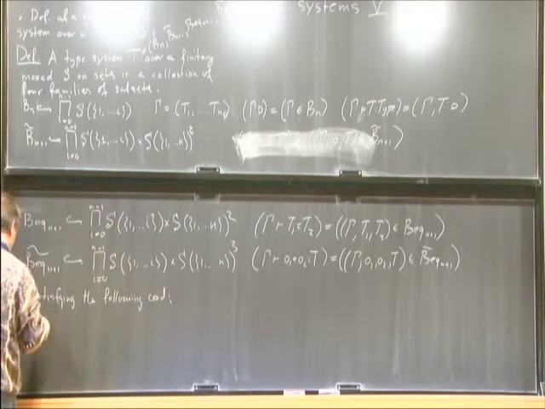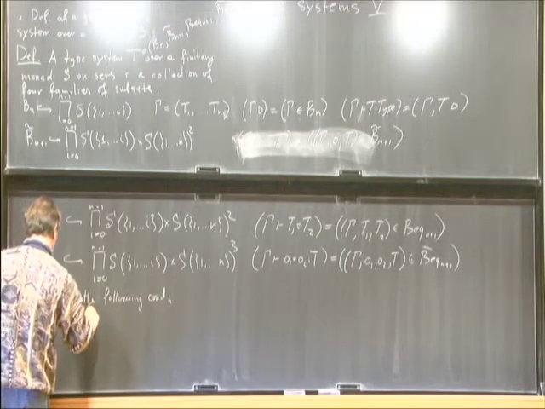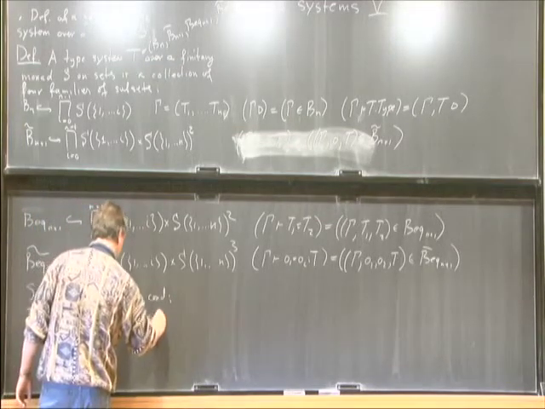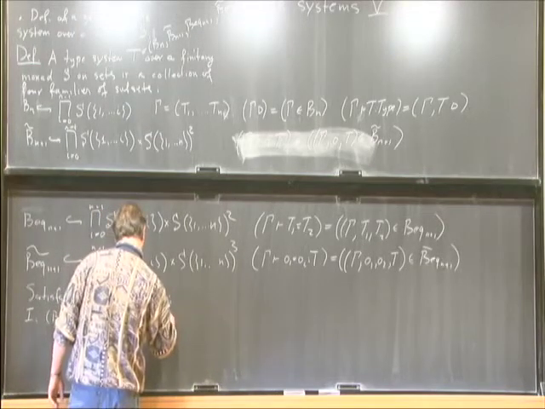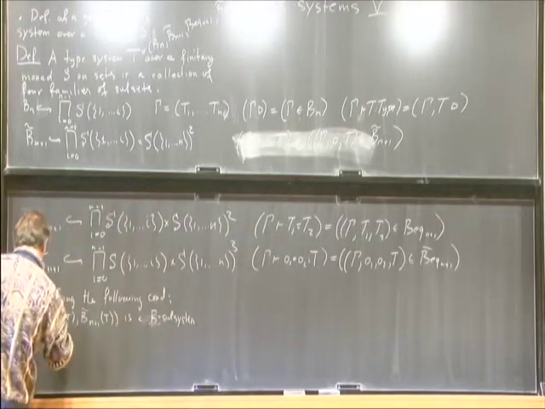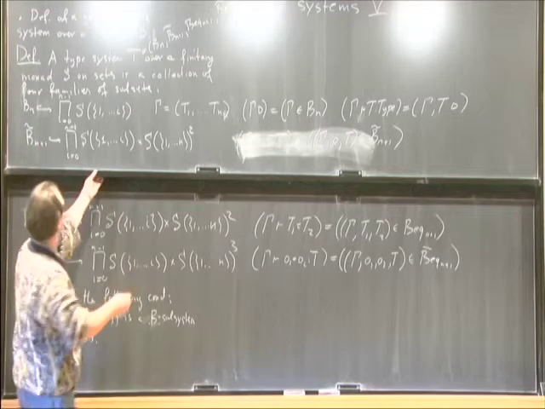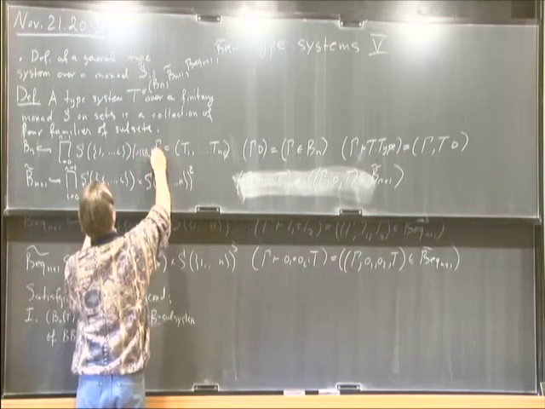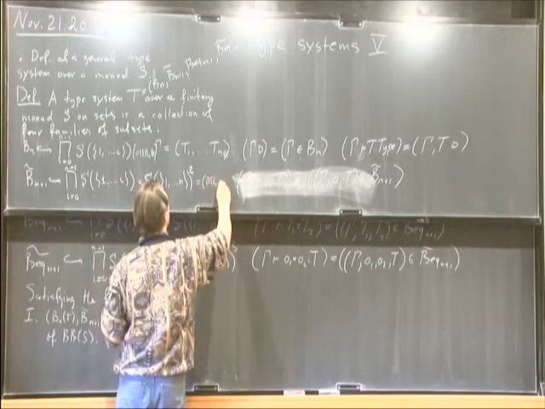So the first group of conditions says that Bn of t, B tilde n plus 1 of t is a B subsystem of B of S. And by the way, this thing is exactly Bn of S, and this thing is exactly Bn plus 1 tilde of S.